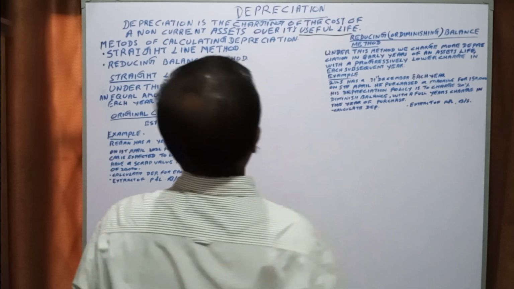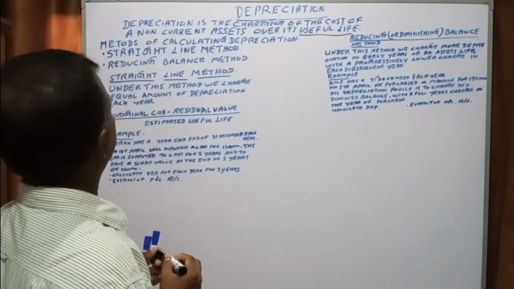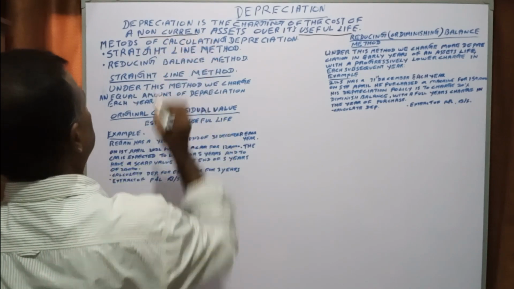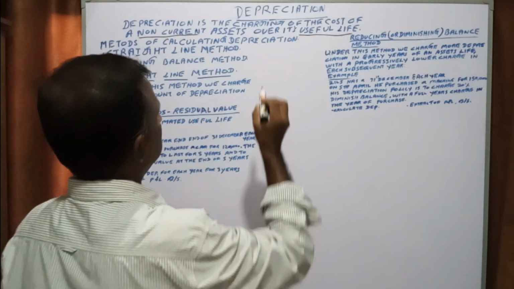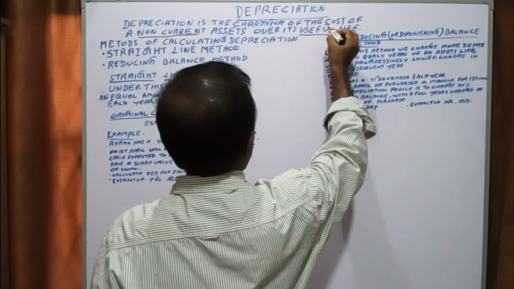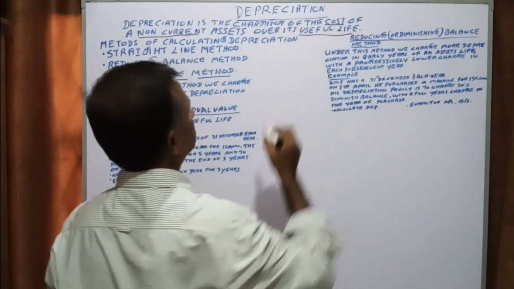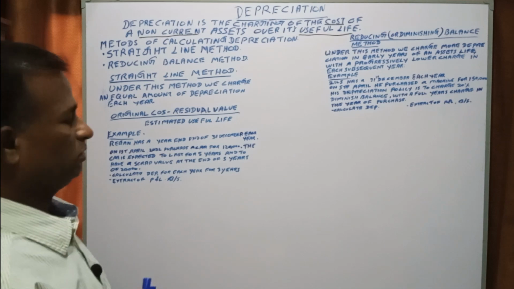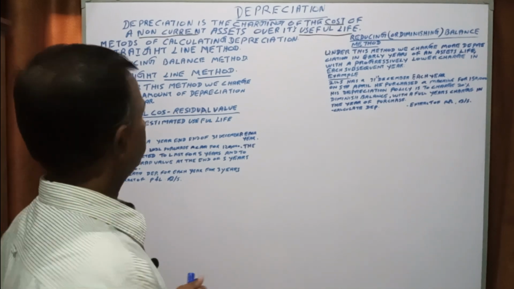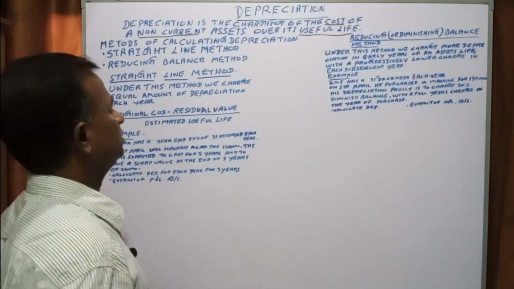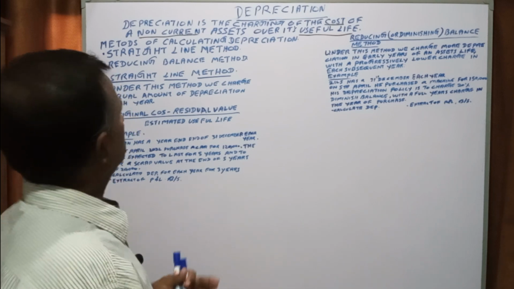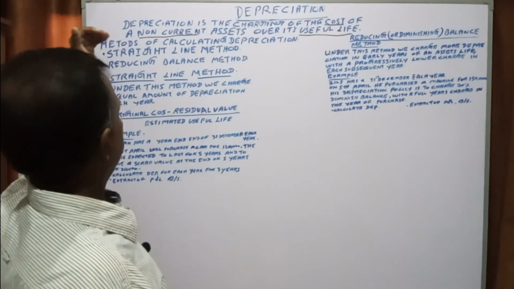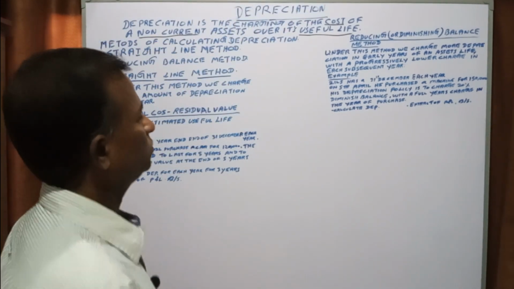Useful life, non-current assets, charging of the cost. These are the keywords you have to remember.